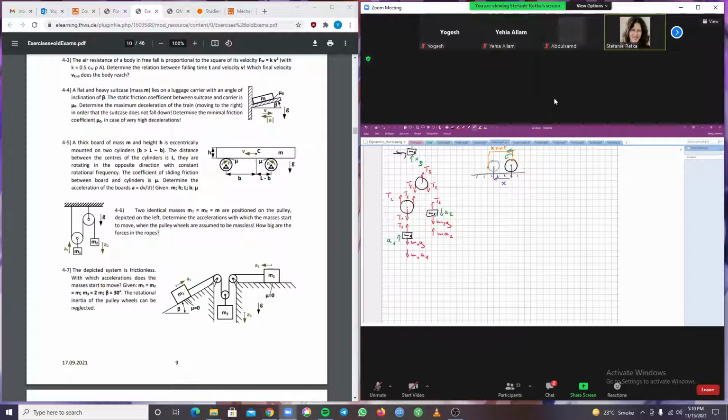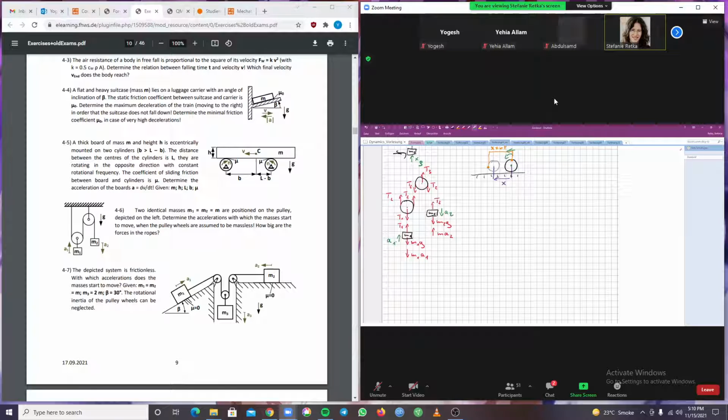Okay. So once you have the free body diagrams, you can start solving the system, building the equilibrium conditions. Of course, they are quite simple here. Since we already know that the tensions are of same size, we do not have to build the equation of momentum. We do not have to build the sum of forces in horizontal direction.